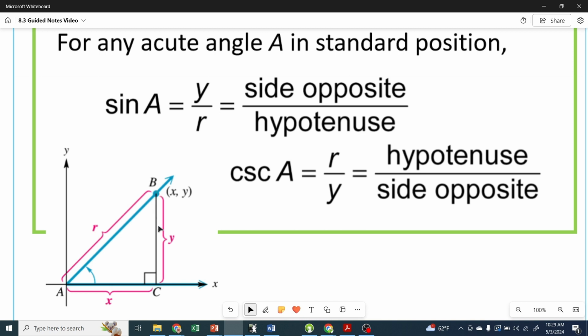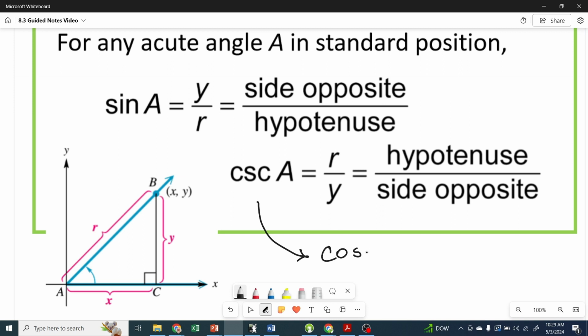And we drop down here, we have a right triangle. So the sine of A is equal to this length, Y, over the length of R, right? And this part here stands for the reciprocal of the sine, and this is called the cosecant. That's what that stands for.